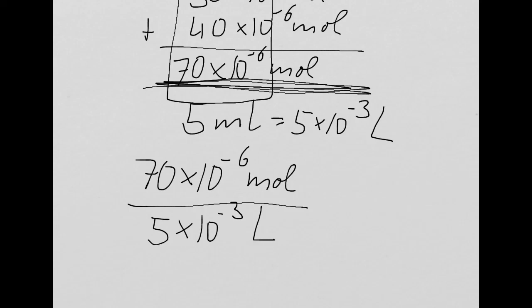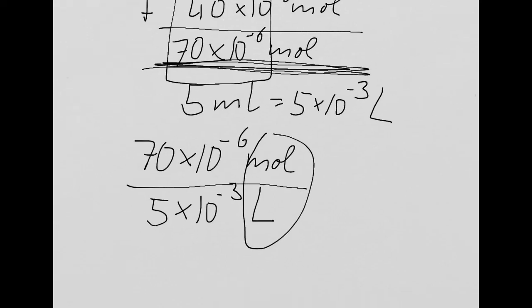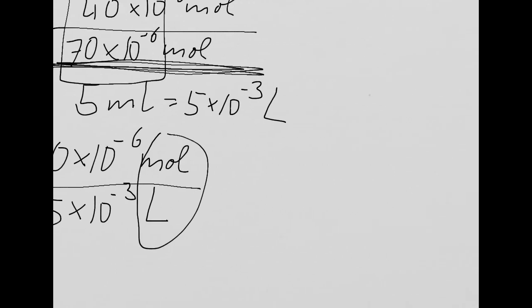Do you note what I've got here? Mole per liter, what is that? How can I write this? With a capital M, that's my concentration. And can somebody do this, please? Okay, it is 1.4 times 10 to the minus 8.